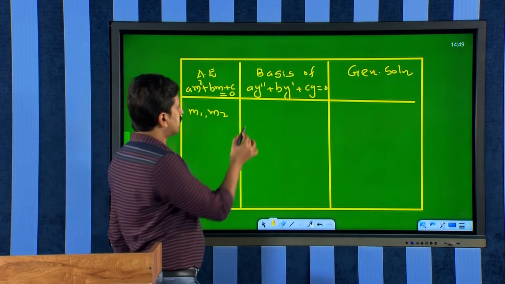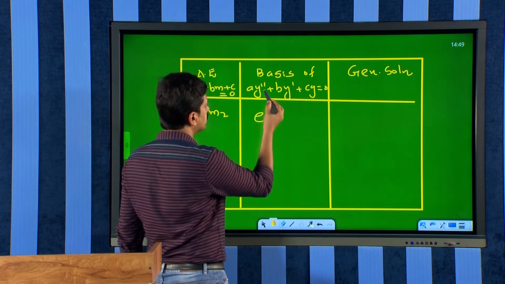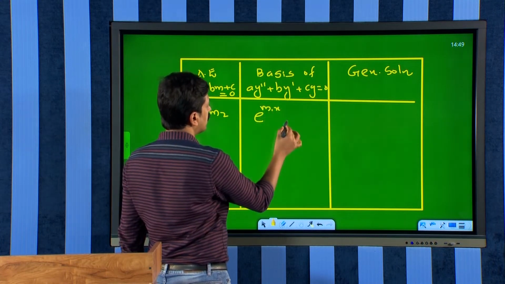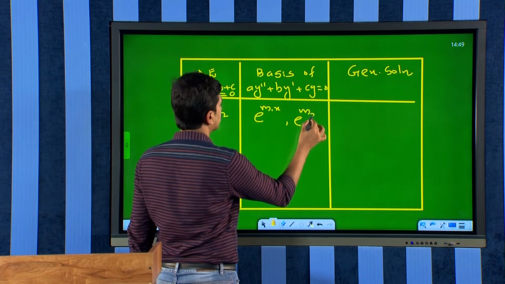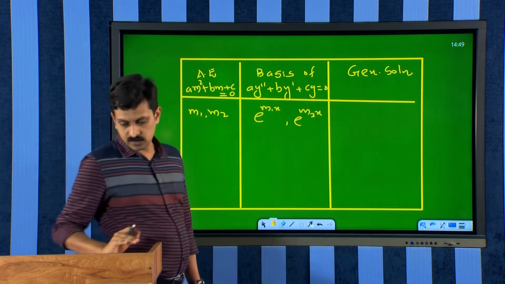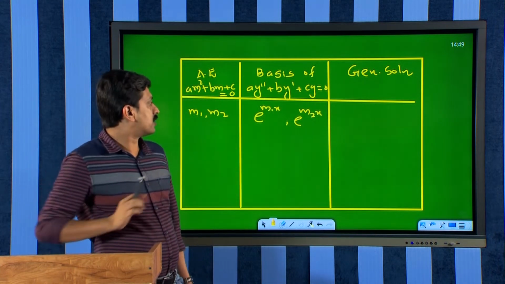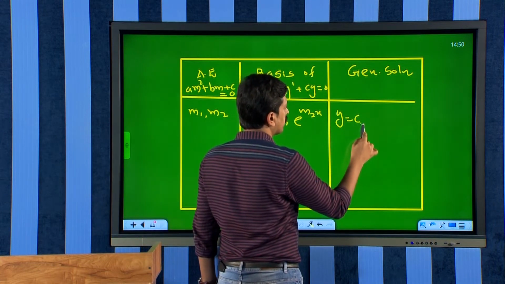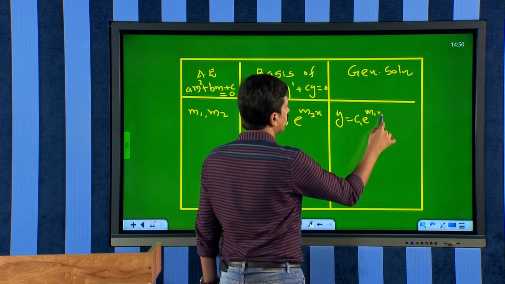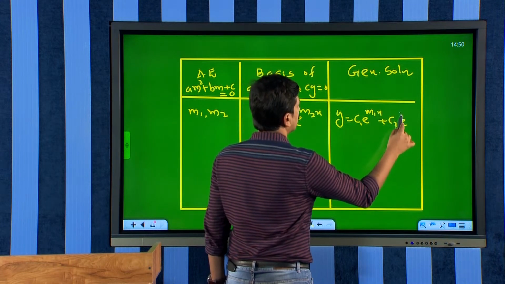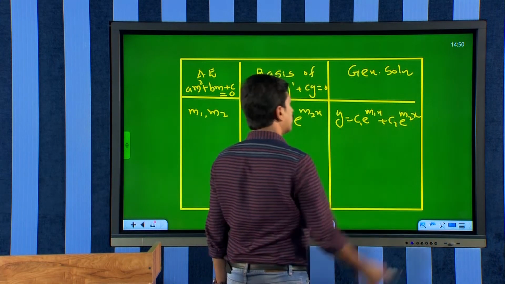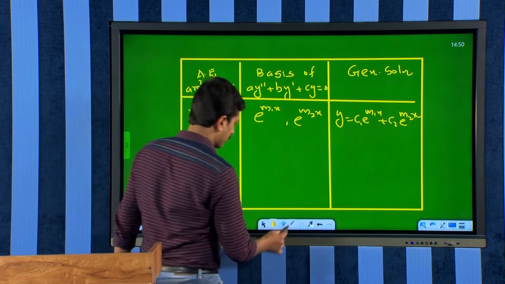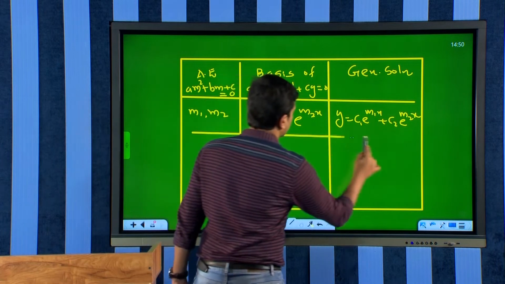In this case the basis of the differential equation is e raised to m1x and e raised to m2x. Therefore, the general solution is y equal to c1 e raised to m1x plus c2 e raised to m2x, by the fundamental theorem.